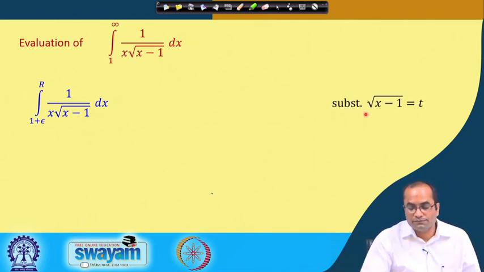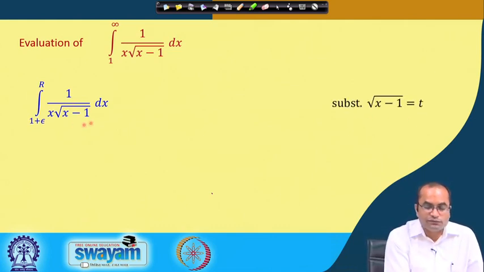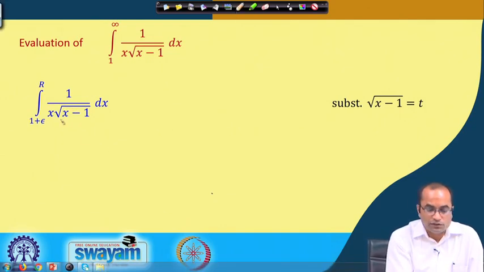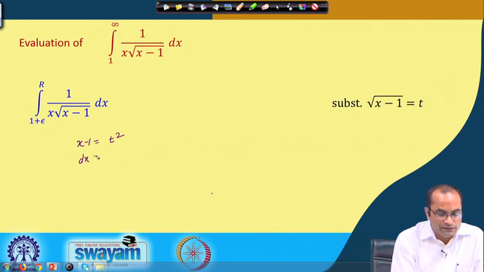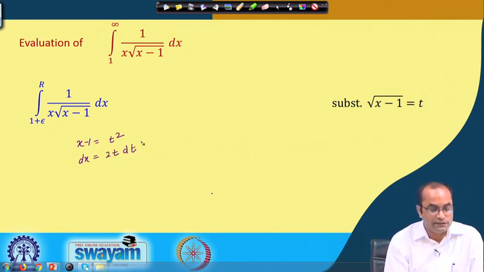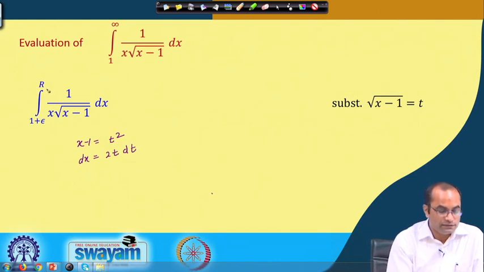So, here we will substitute the square root of x minus 1 as t, and then we can easily evaluate this integral. By doing this substitution, x minus 1 is equal to t squared. That means dx is equal to 2t dt.